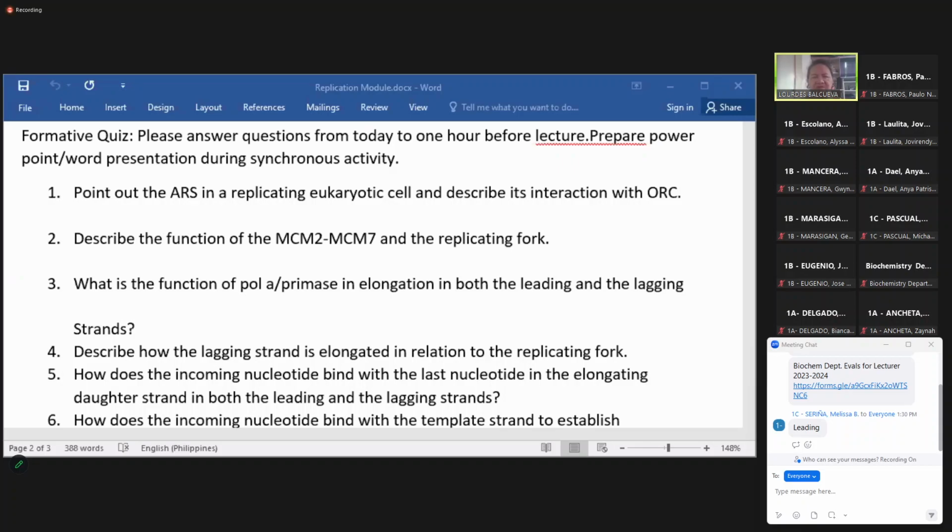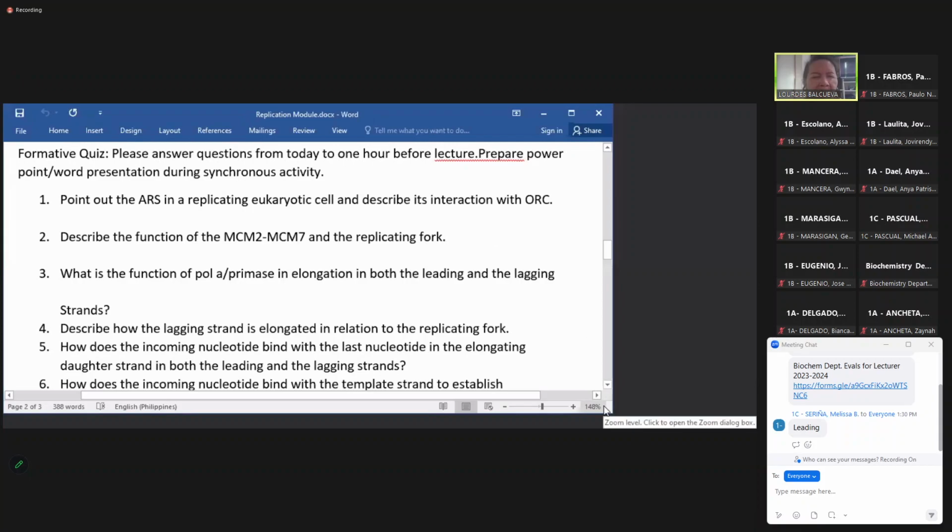Next question. What is the function of pol A and primase, the elongation in both the leading and the lagging strands? Anyone? RNA primer synthesis po, Doc. Okay, so they synthesize the primer, composed of what? 10 ribonucleotides po.